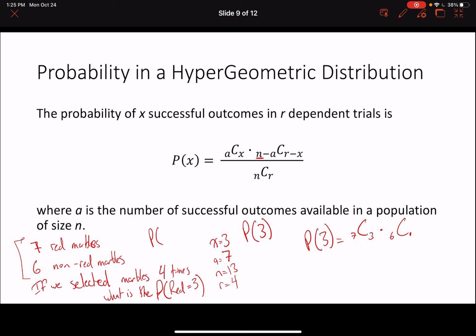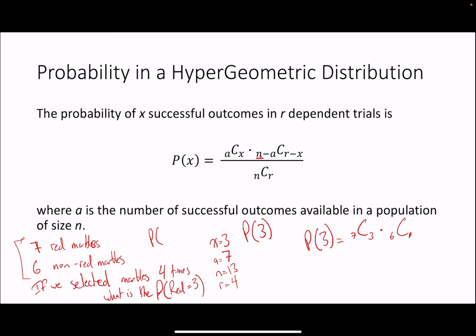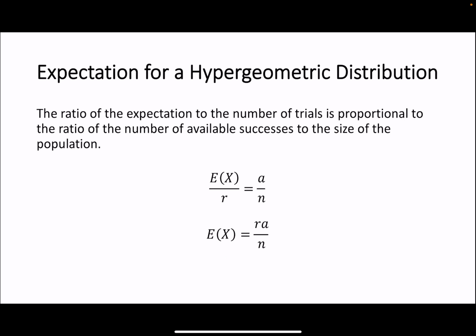Well, we're going to choose one of them, right? R minus X is 4 minus 3, the remaining ones that we didn't choose as successes. And that's divided by 13 choose 4, the total number of ways I can select 4 marbles. And we solve for that, and that's basically how we use this formula.